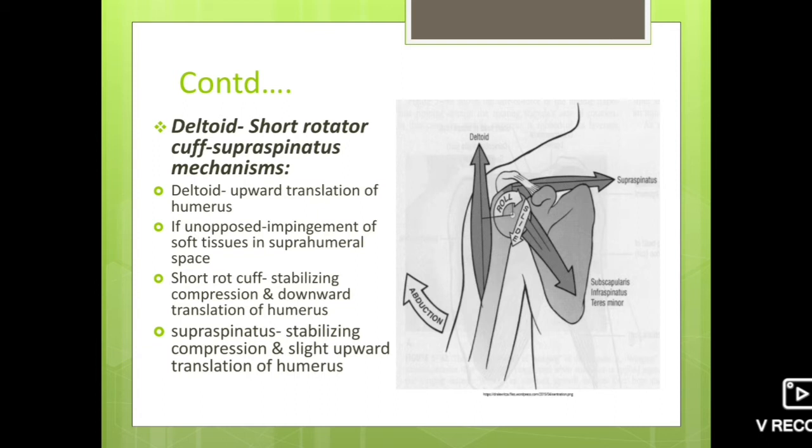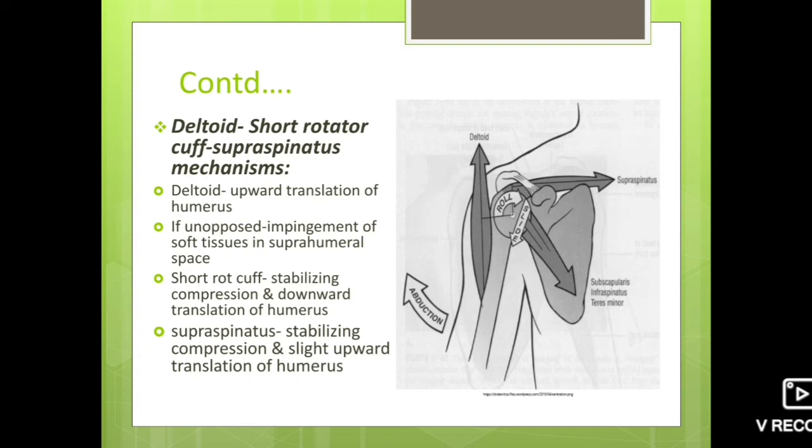coracoacromial arch. The combined effect of the short rotator muscles, meaning infraspinatus, teres minor and subscapularis, causes a stabilizing compression and downward translation of the humerus in the glenoid.